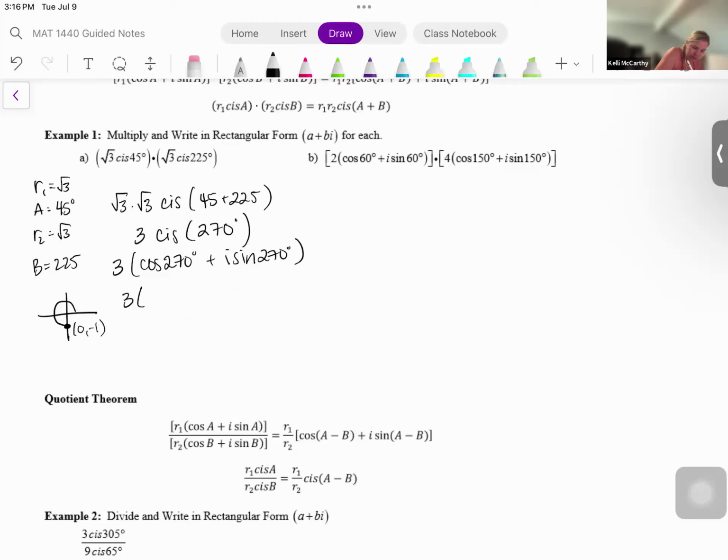So this is 3 times cosine of 270 degrees is 0, plus I times sine of 270 degrees is -1. Distributing that, 3 times 0 is 0, minus 3 times -1 times I, or I added the minus there to change the sign. So this is going to be minus 3I.